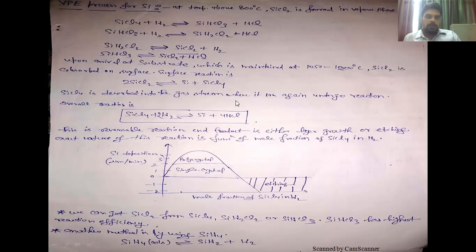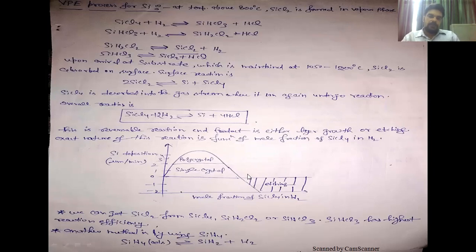Now, if we don't want to use SiCl4 and these chlorosilanes, we can use another method by using silane, SiH4. Silane is decomposed into SiH2 plus hydrogen.